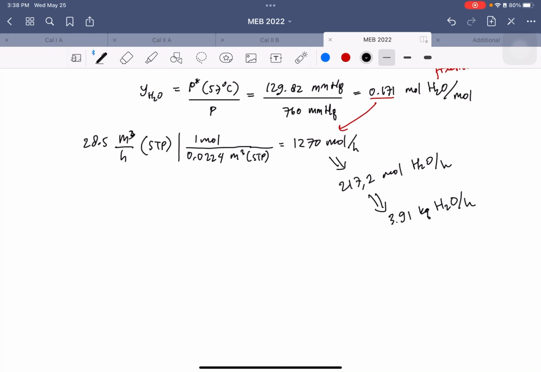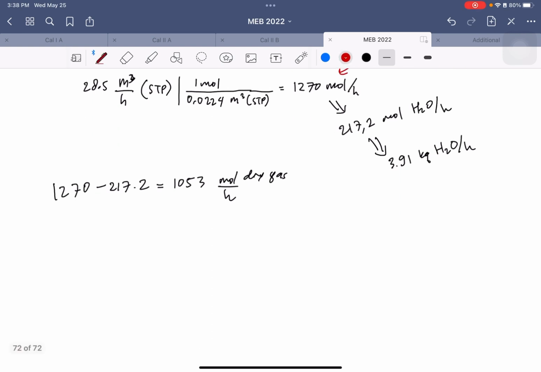So we have 1,270 mole per hour. We subtract the water, which is 217.2, and we get the result, our dry gas.